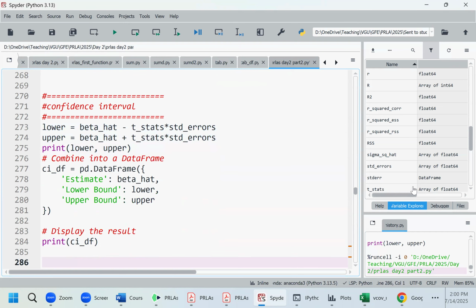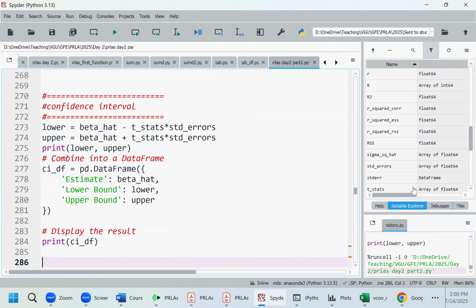Now we need to do the so-called eyeballing methodology. Look at it and see, in order to create it, we have to create a new data frame, right? With an open parenthesis and a closed parenthesis. Within it, we will have the curved bracket, and we have the estimate, beta hat.